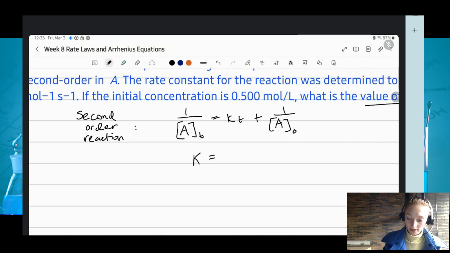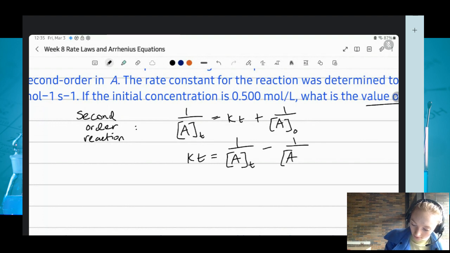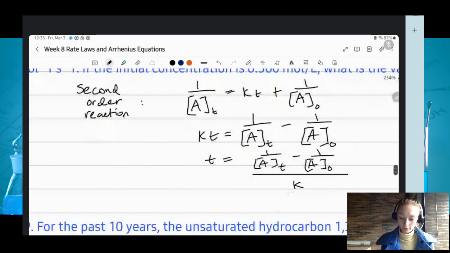So the Kt is going to be on the left, and I'm going to subtract the concentration from one another. Okay, and so now I can divide by K on both sides to isolate t. So it'll be 1 over that minus 1 over that, divided by K. So that will be our equation that we are working with.